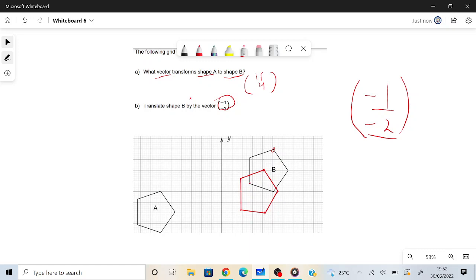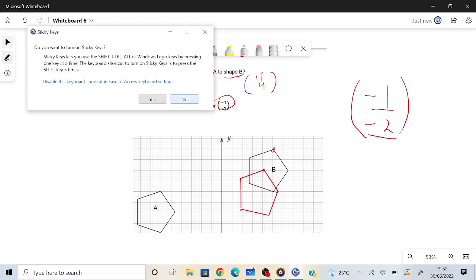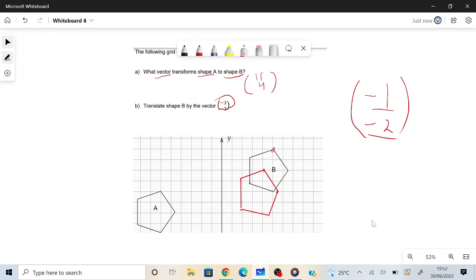Maybe this line could be a little more towards this end here, but I think it's more than enough to get an idea of maybe something like this. Yep, so that looks like the answer for that question.